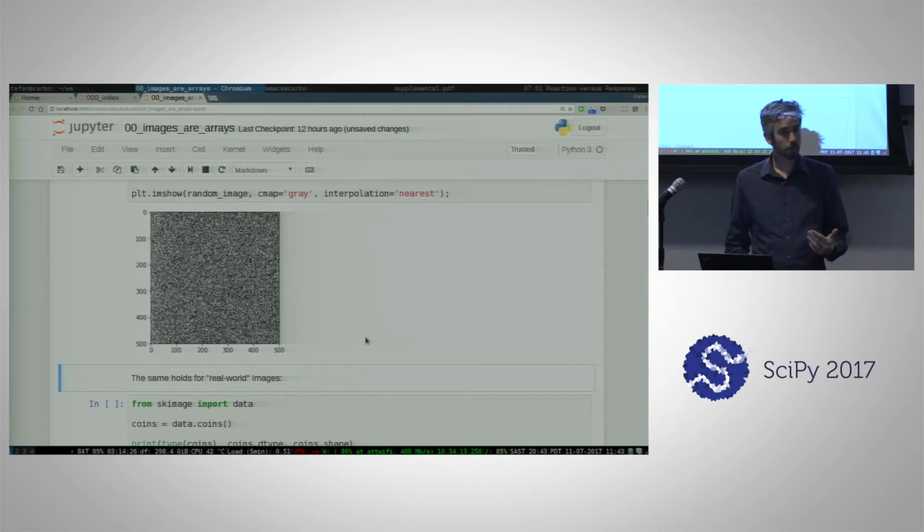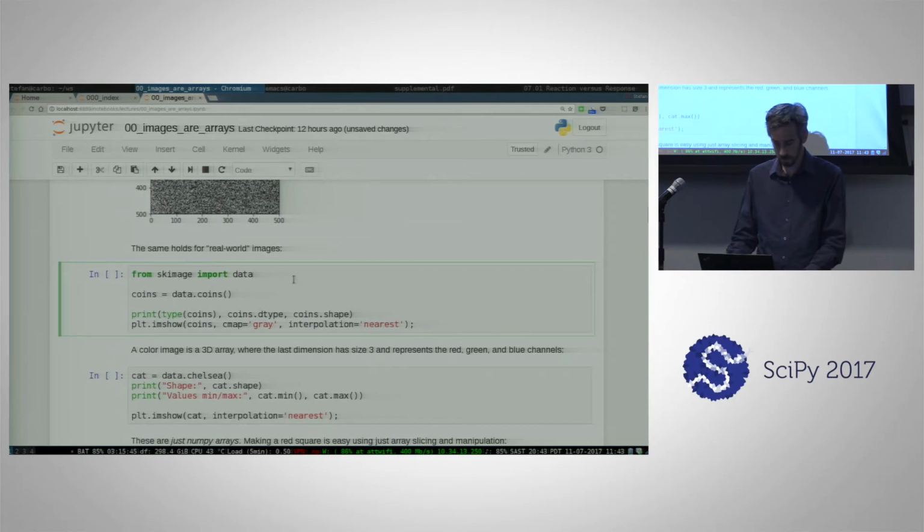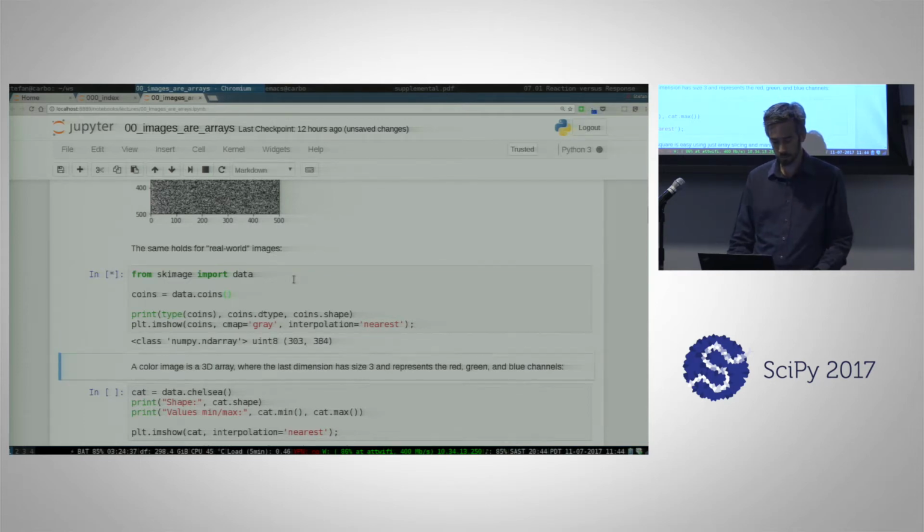So the same holds for real-world images. That was an artificial one, but if we import the data submodule from scikit-image, it contains a bunch of test images. So for example, we can look at the coins data set. And I'm just going to display the type of the coins object after I've loaded it, its data type, and its shape.